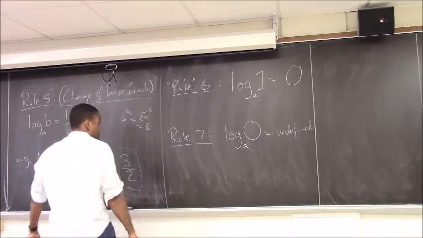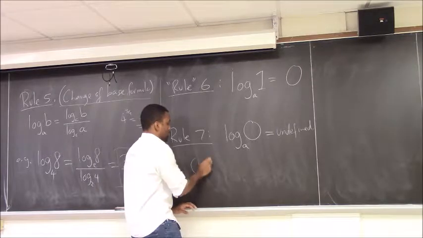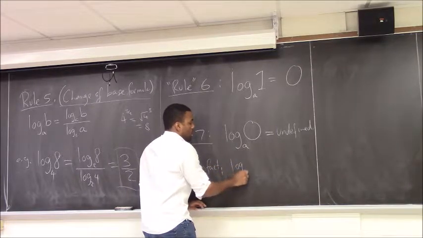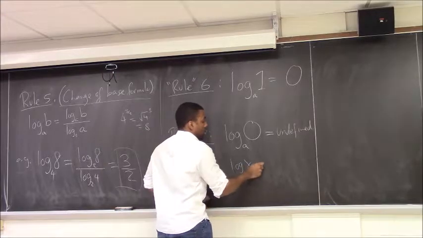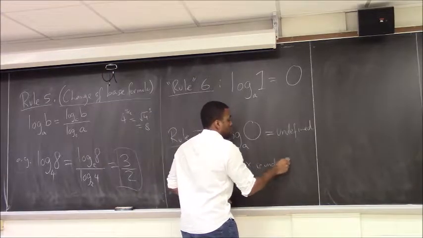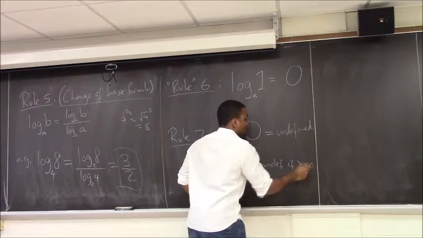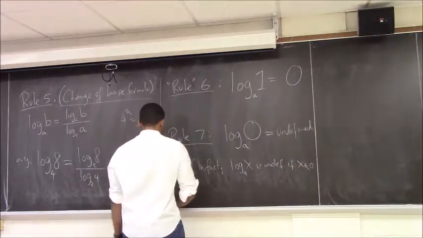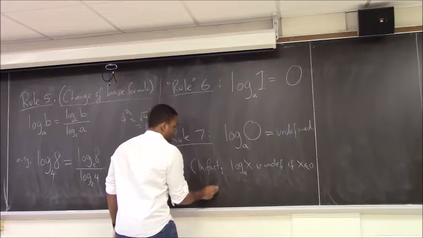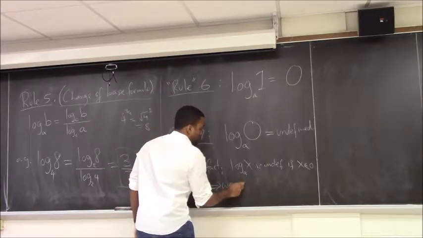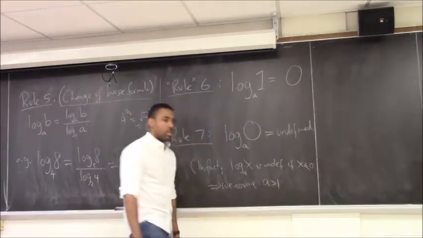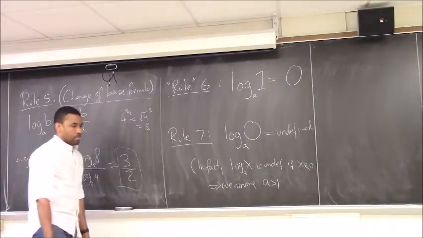In fact, for our definition, log to the base a of x is undefined if x is negative, or less than or equal to 0. Because we assume here that our a is a positive number that's greater than 1. Why?